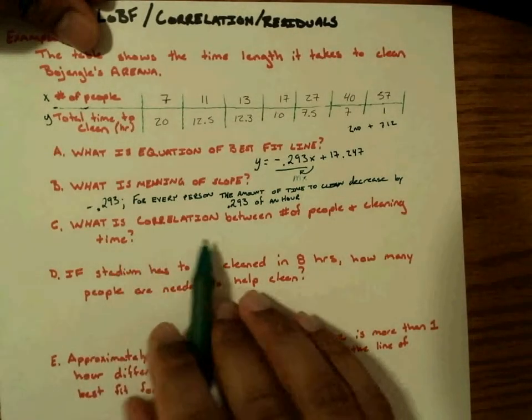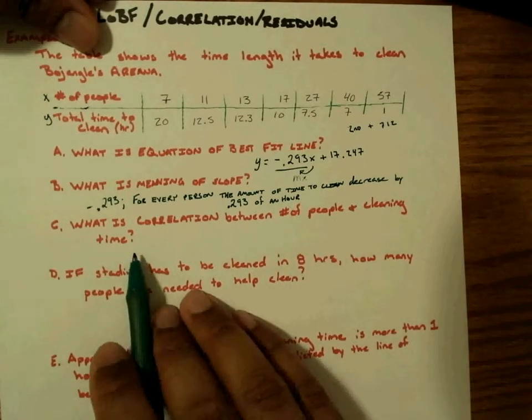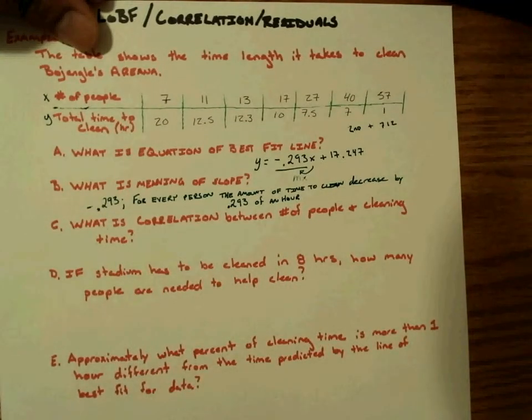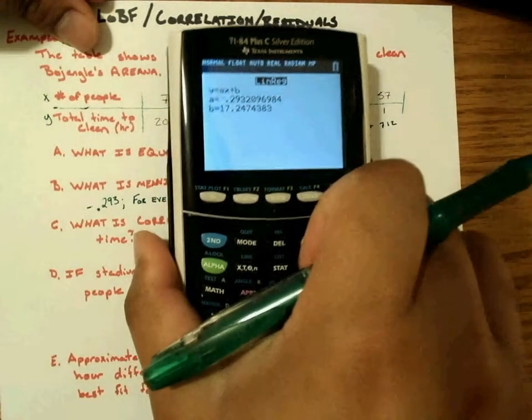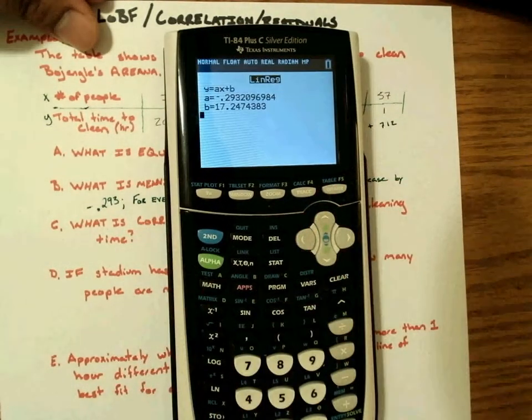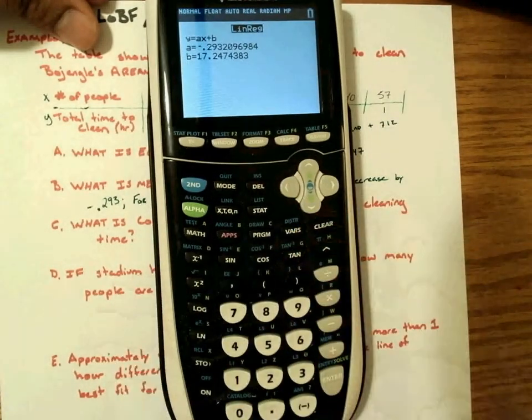The next question is, what is the correlation between the number of people and cleaning time? To find correlation, they're referring to strong positive, strong negative, weak positive, weak negative. We can actually use our calculator to do that. In order to do that, we have to turn on our diagnostic. Our diagnostic is underneath our catalog.